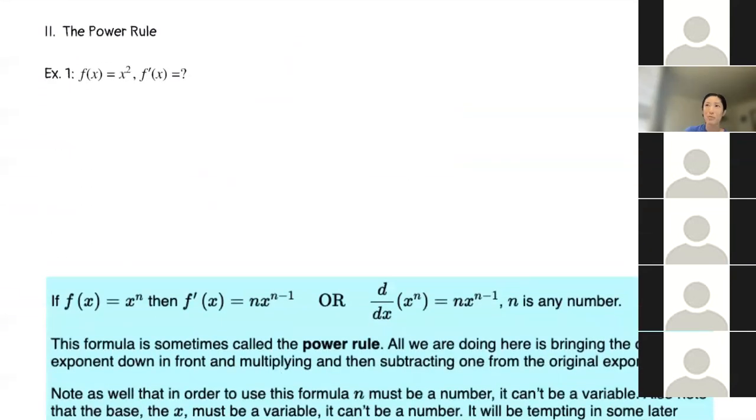So first rule up is the power rule. It is like the most commonly used rule, I think. And so let's take a look at this particular example. Okay, so this says f of x is x squared. And the question is f prime of x equals question mark.